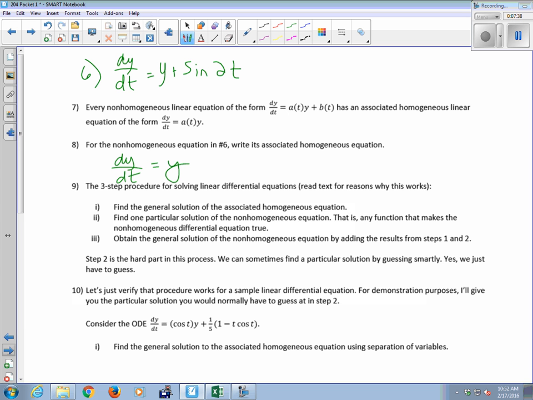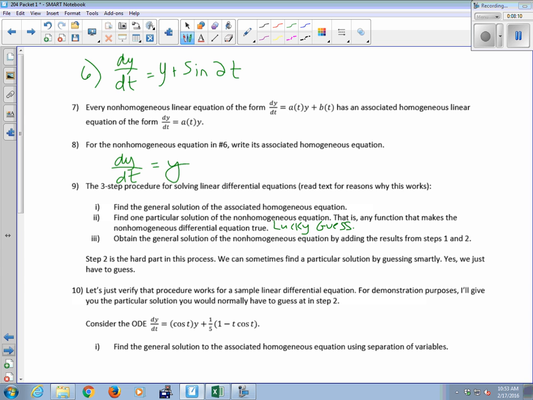Step 2, you have to find one particular solution to the non-homogeneous equation. That is, you have to find some function that makes the non-homogeneous differential equation true. This step is often referred to in your book as lucky guess, because you have to kind of guess at it. Sometimes you have to guess more than once. And then to obtain the general solution of the non-homogeneous equation, add the results from step 1 and 2.